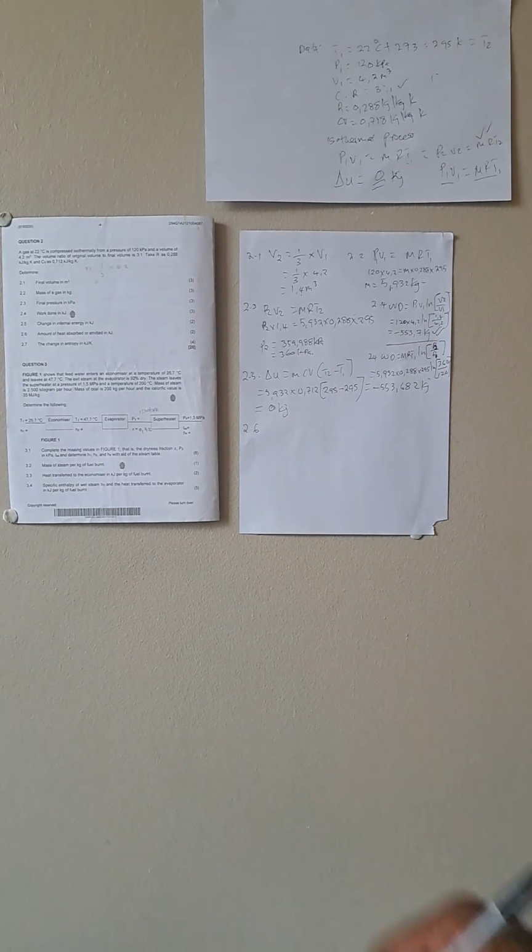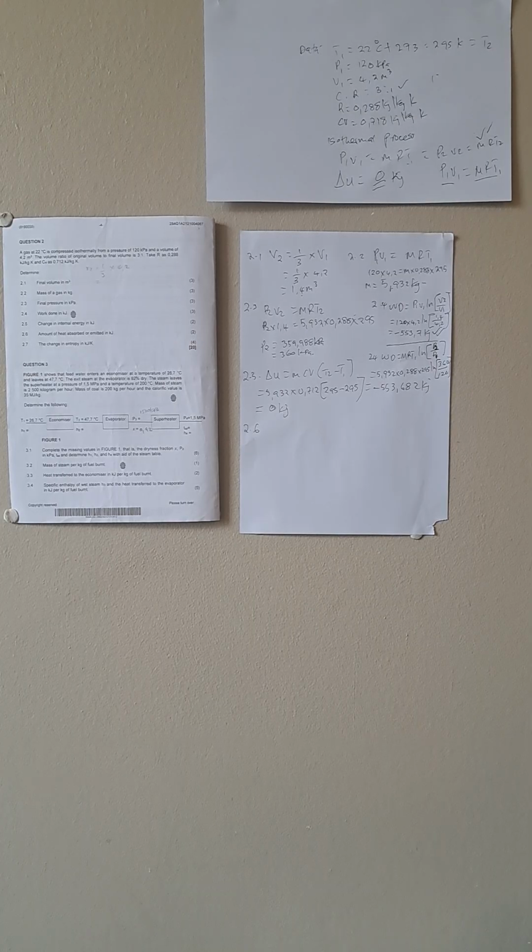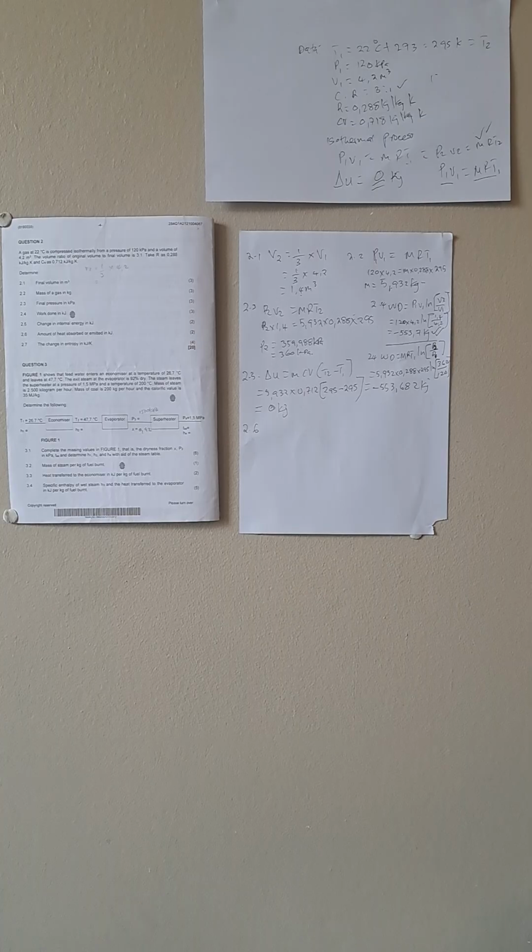Let's go to 2.6. They want us to calculate the amount of energy, so they want heat absorbed or heat exerted. In an isothermal process, we don't waste our time calculating the heat lost or heat gained.